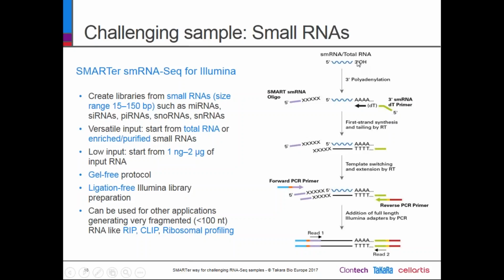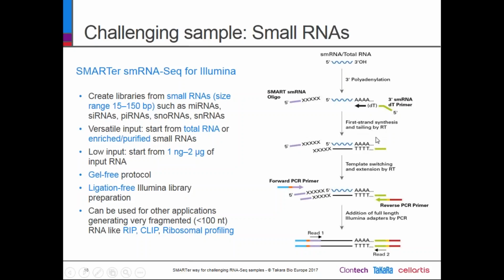So this kit works differently from what most other kits in the market use. They are mainly based on ligation to capture these small RNAs, and this has been shown to have some bias, as we'll see later.